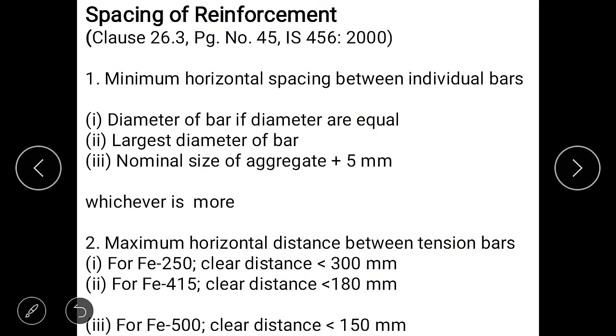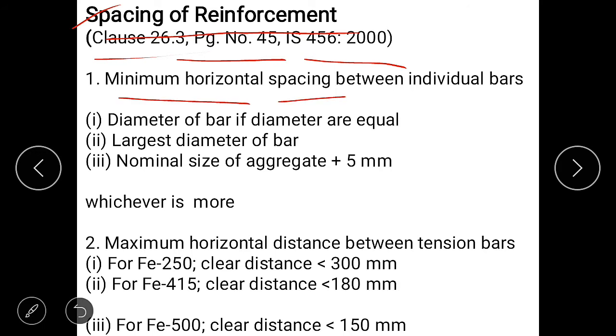Okay, so spacing of reinforcement between two bars: how much spacing do we have to provide? In IS 456 2000, page number 45, clause number 26.3, specifications for spacing of reinforcement are given.